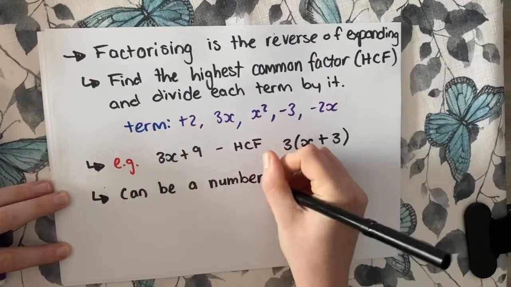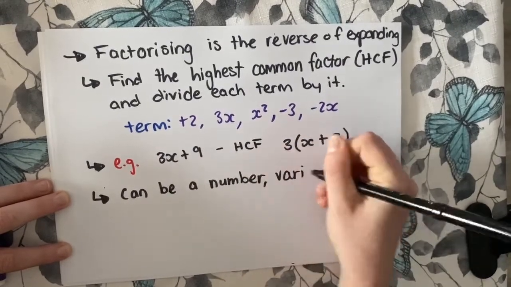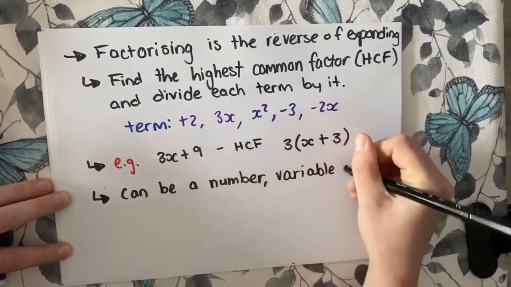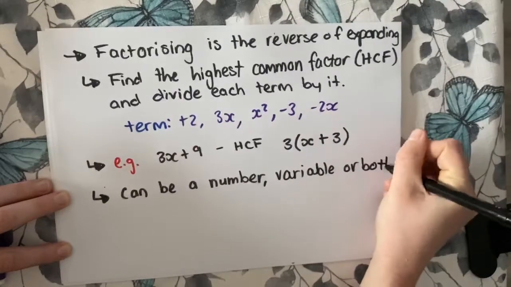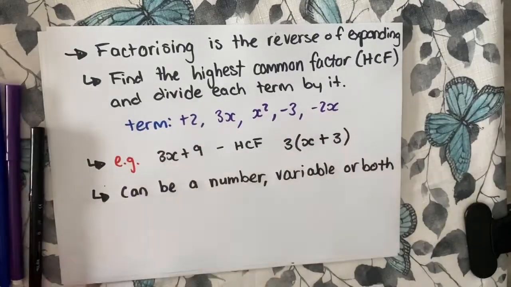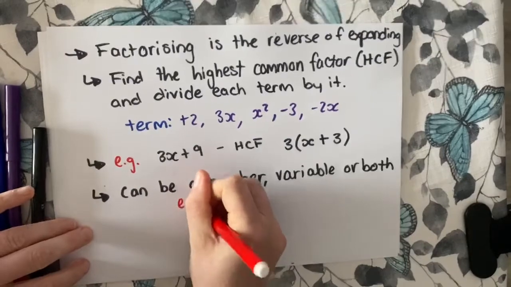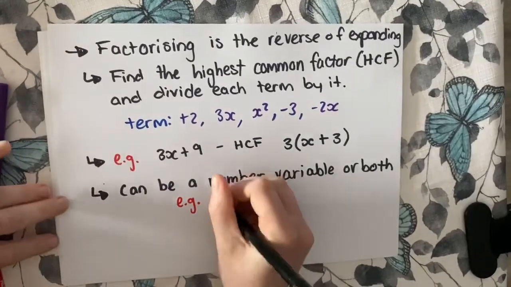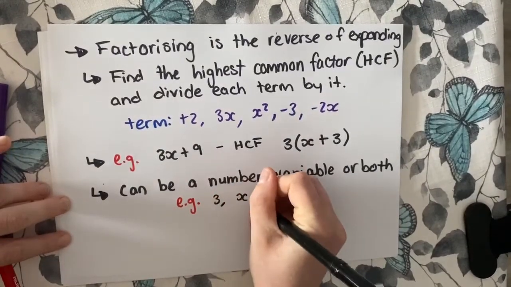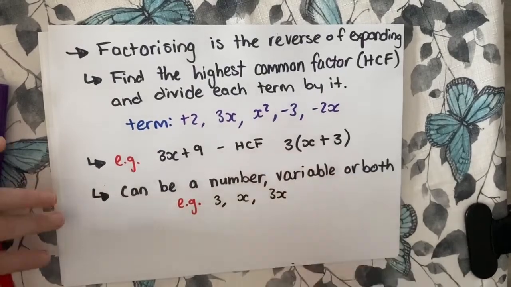It can be a number, a variable, or both. So when I say that, it could be 3, could be x, or it could be 3x. That's what I mean.